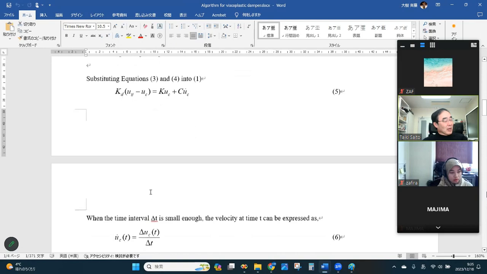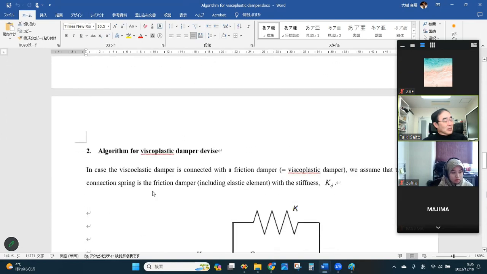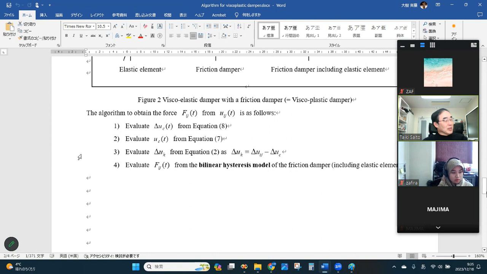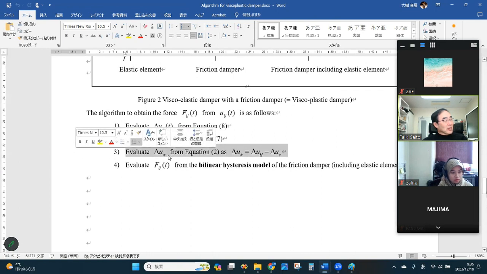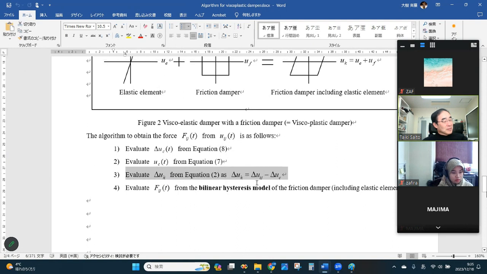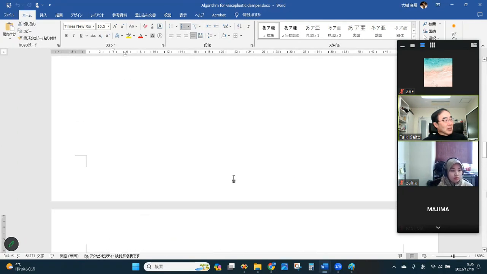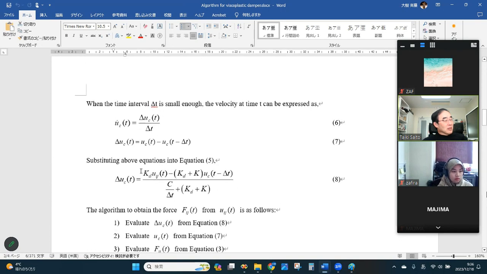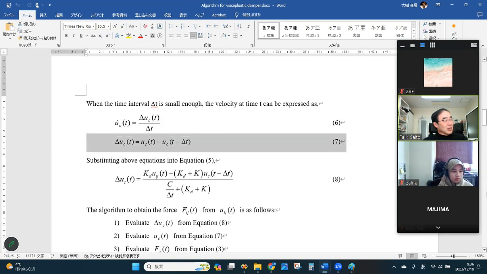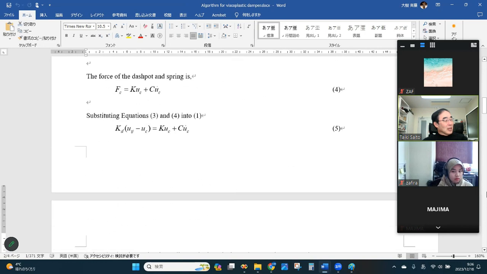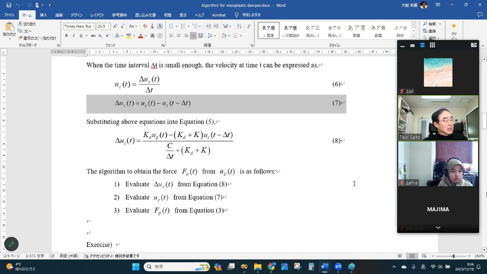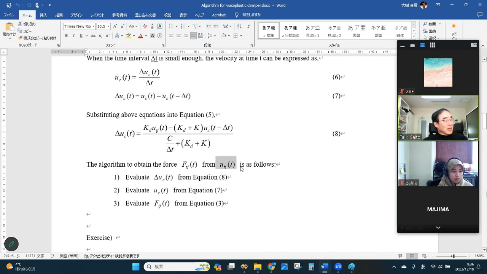But before calculating force in this step number 3, evaluate UK from delta Uij minus delta UC from equation 2. So let's see. After you get delta UC, and you already know Uij. Yeah. So delta, maybe I should write here.